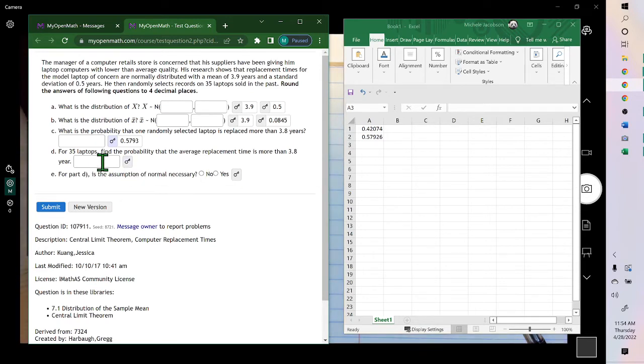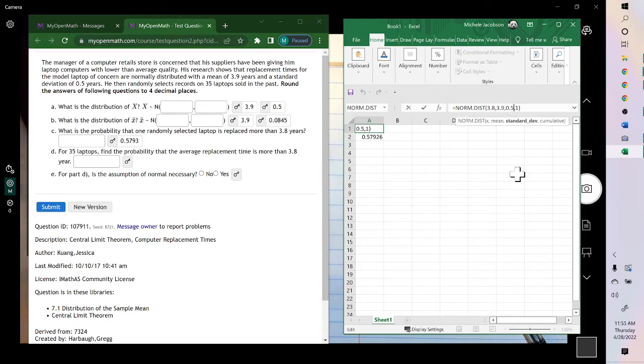Now for the next one, for the 35 laptops, find the probability that the average replacement time is more than 3.8. So if we click on this, the only difference is the standard deviation.